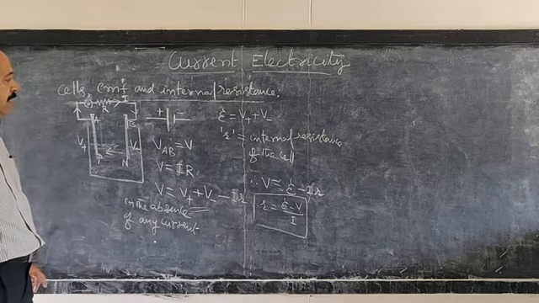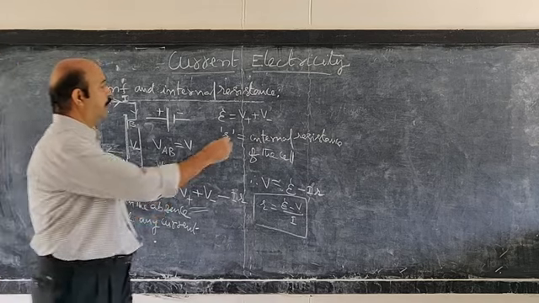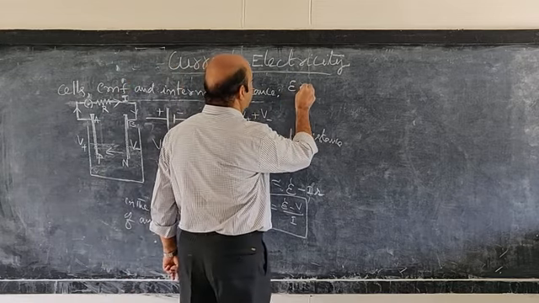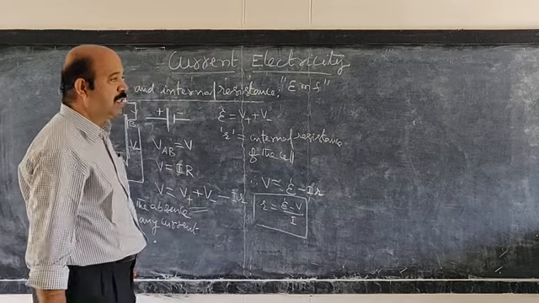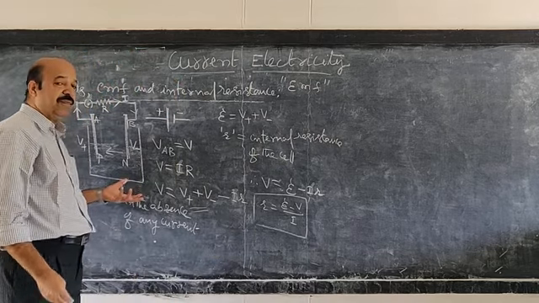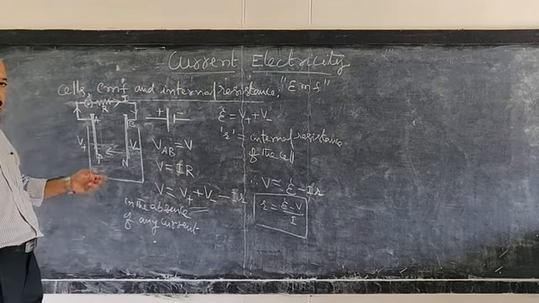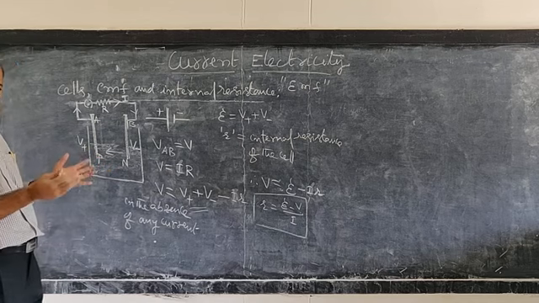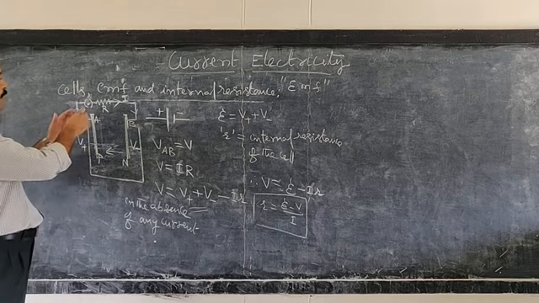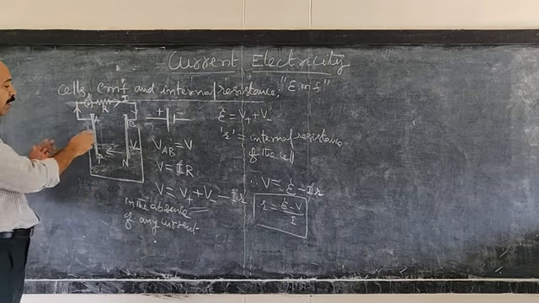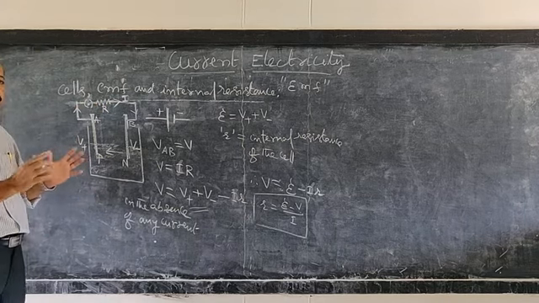Actually, this word EMF is a misnomer. EMF is nothing but the potential difference between the terminals of the battery or the cell when the circuit is open. Open means no current is flowing externally or between the electrodes. That we call an open circuit.